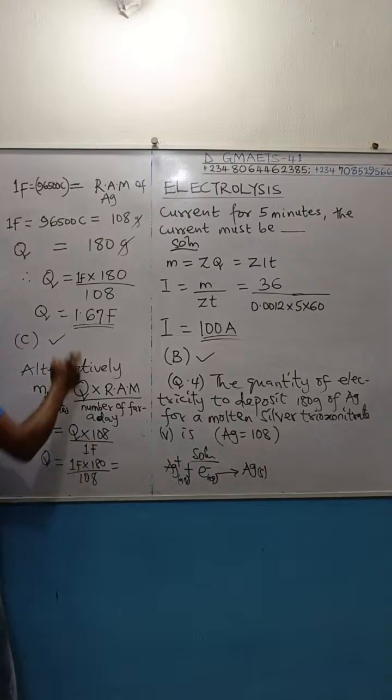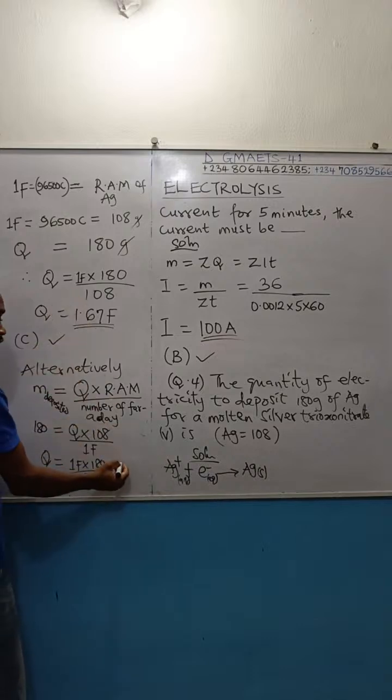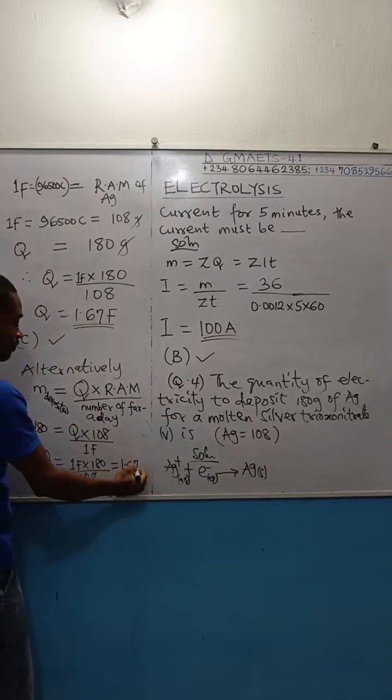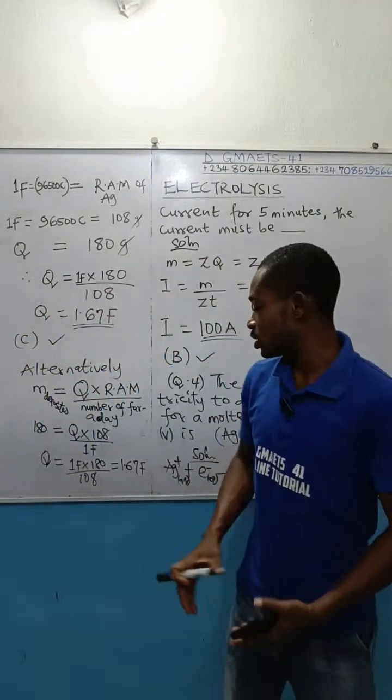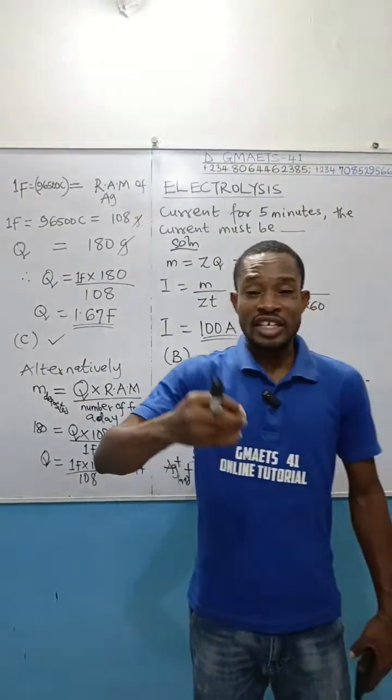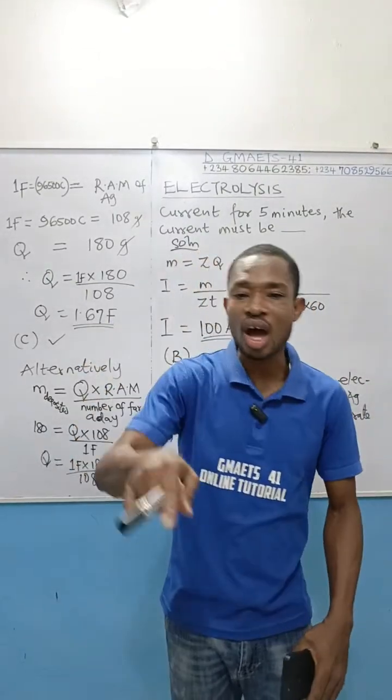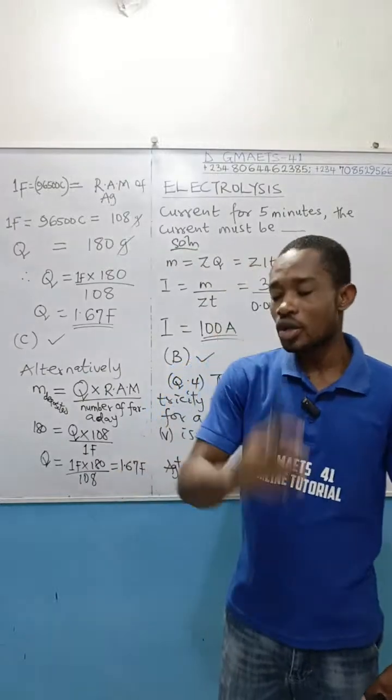If you look at this and you look at this, you see that you got the same thing. If you divide, you get 1.67 Faradays. Now, if the options are not given in terms of Faraday, let's assume we are given the quantity of electricity in terms of Coulomb. What you will do is simple.